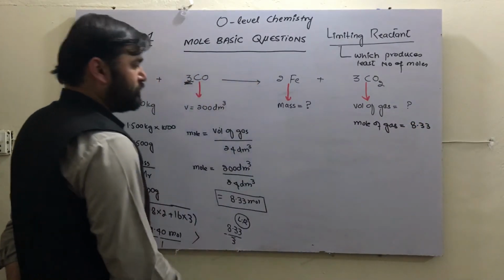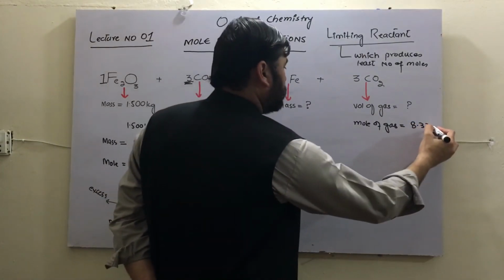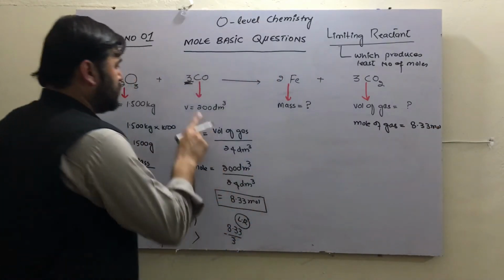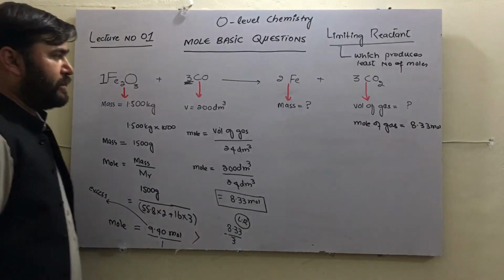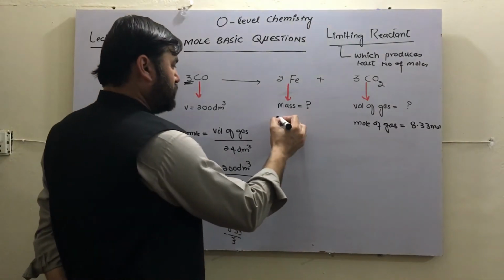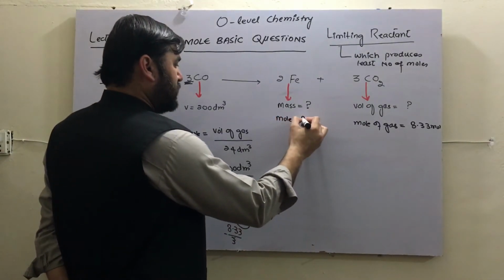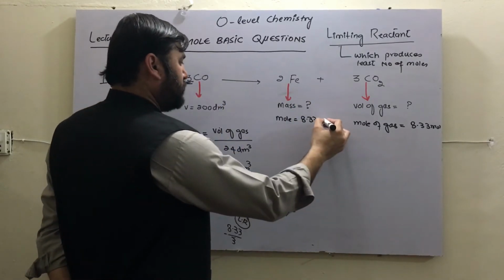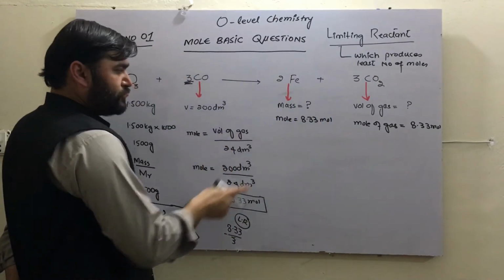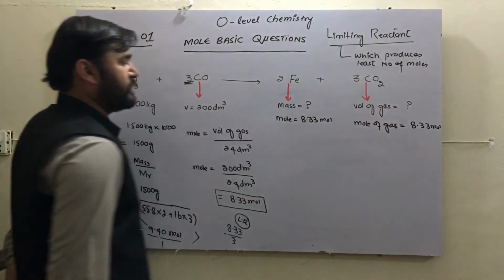This we are also going to use because we have the same ratio between this and this, so this mole will also be used here as well. 8.33 mole. So this mole is used over here and here as well.